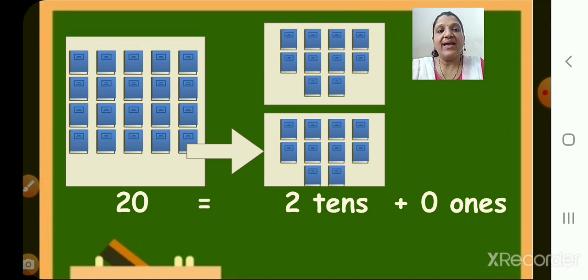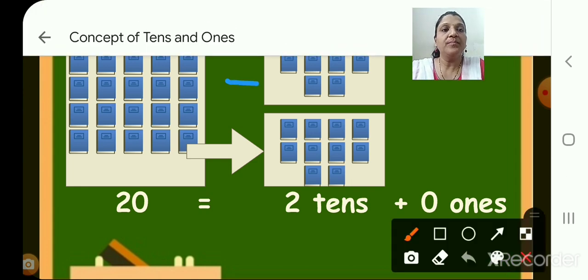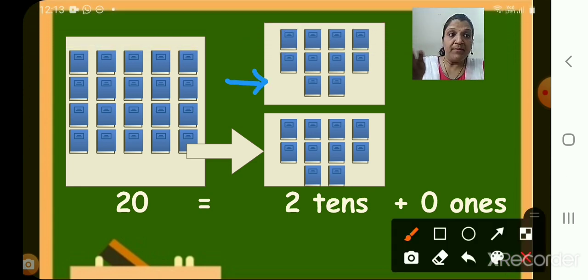Children, here we see 20 books in the first box. Now, out of 20, we took 10 books and made one group. Now, the remaining books are also 10. So, we could make one more group of 10 books. So, here we get 2 groups of 10 books each.